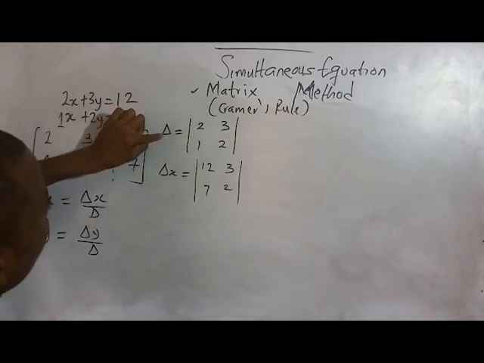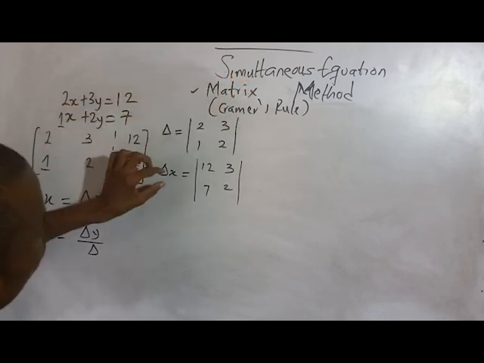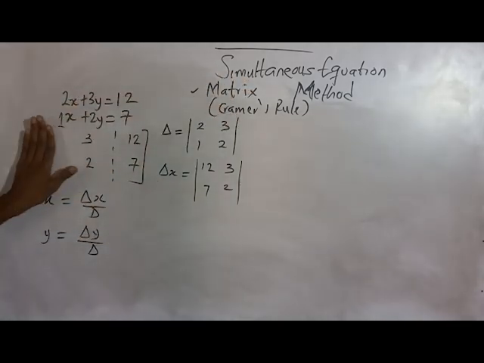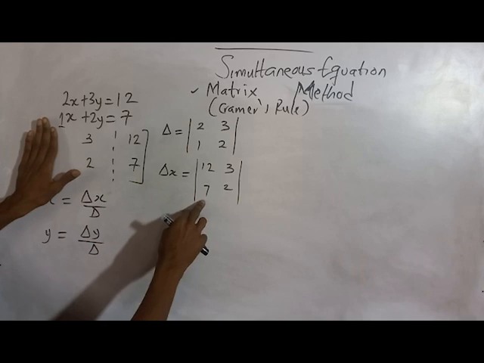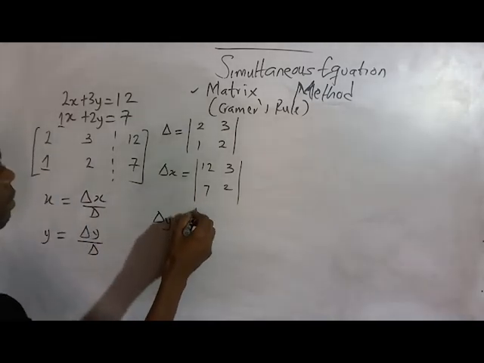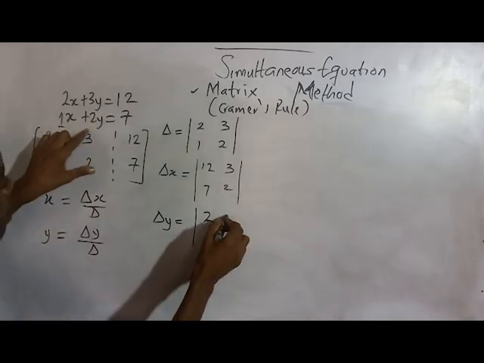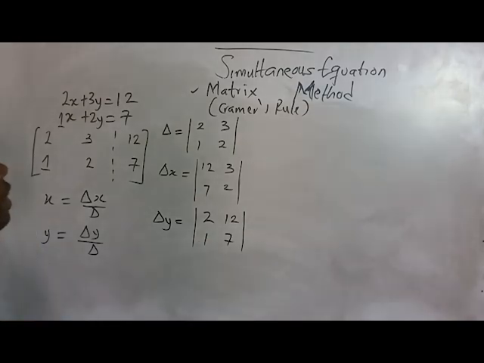For delta alone, with this x and y, we find the determinant of that. For delta x, the column for x, you replace it with the answer. The same thing goes for y, delta y. It means the column for y now. So we repeat x, but instead of y, we put 12 and 7. Then we find the determinant.